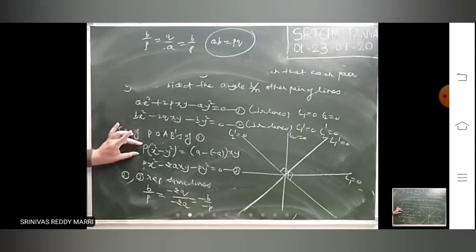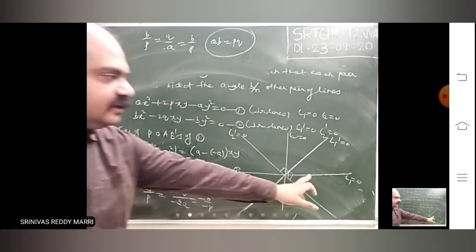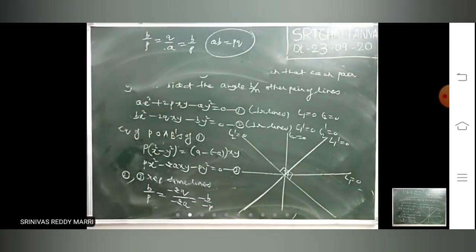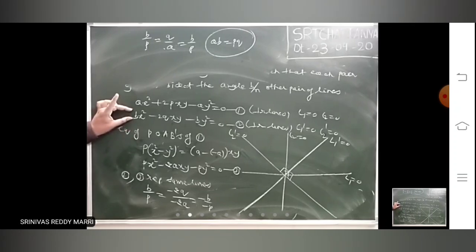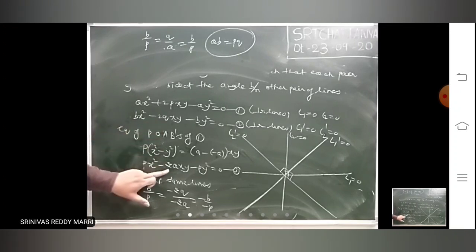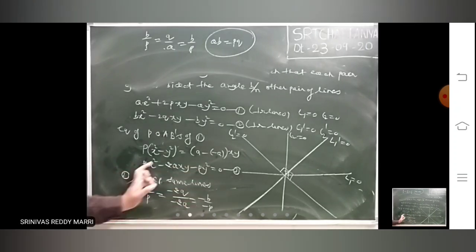Now the second equation and third equation will represent the same pair of lines, because if you write angular bisectors of L1 equal to 0 and L2 equal to 0, you will get L1 dash equal to 0 and L2 dash equal to 0. Therefore 2 and 3 represent the same. Ratio of coefficients: B divided by P equal to minus 2Q divided by minus 2A equal to minus B divided by minus P. This is the condition, like that.